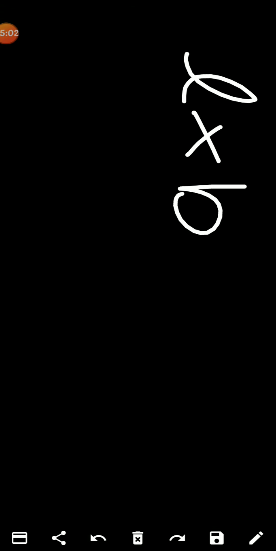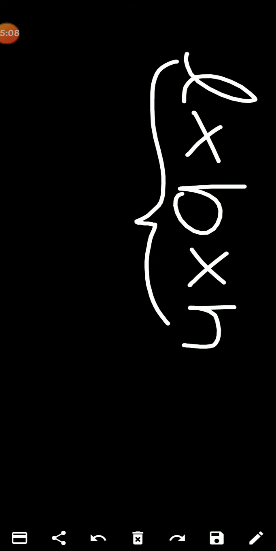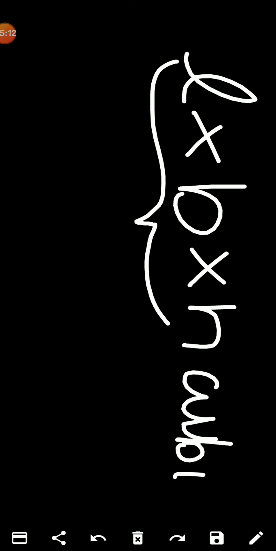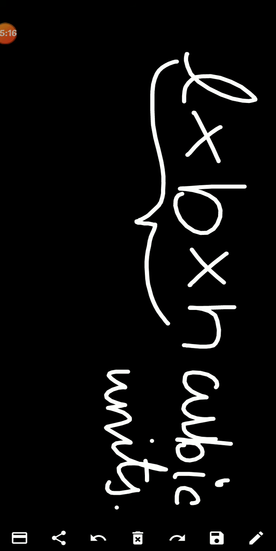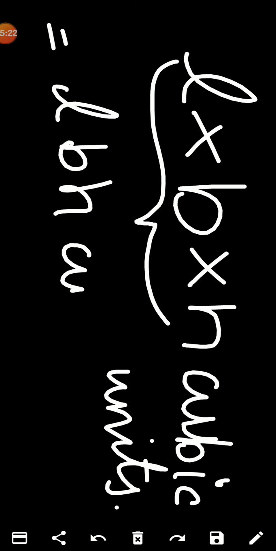So we get length multiplied by breadth multiplied by height. Now as we are multiplying 3 units together, we get cubic units. So it can also be called LBH cubic units.